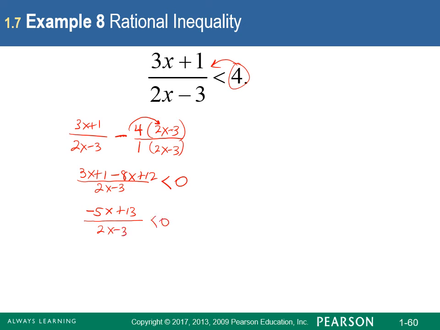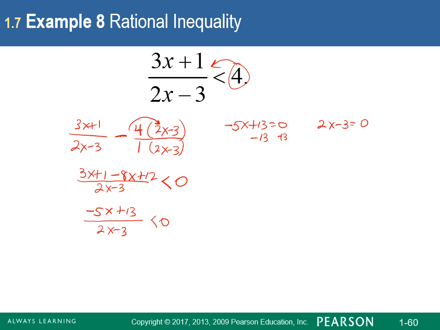And just like in the previous one, we take the top and the bottom, set each of those equal to 0, and finish solving.